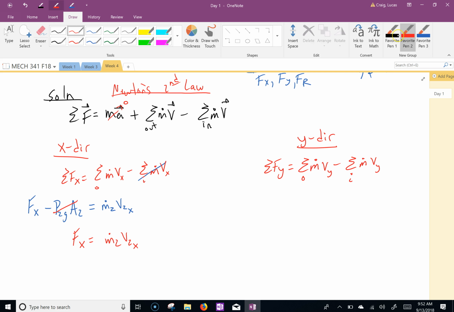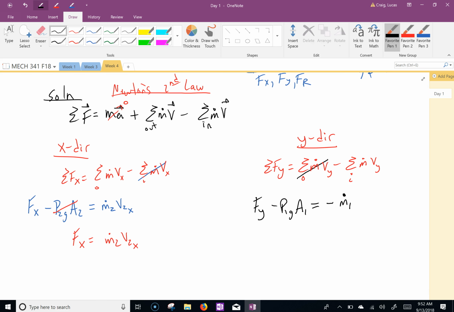All right, Y direction. Positive Fy minus P1 gauge A1 equals. And I don't think there's anything going out in the fluid, right? No. But it's coming in, so we always keep that negative because that's the basic rule. And then we have m dot 1 times what?